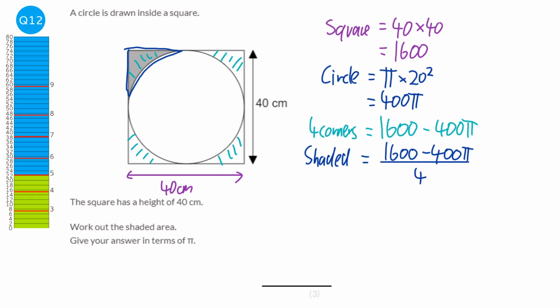We can divide all of the terms by 4. So that will leave 1 at the bottom, 100 pi here, and 1,600 divided by 4 is 400. So we're just cancelling the fraction, and we leave it as 400 minus 100 pi, and that indeed is our answer. You can't simplify that any further.